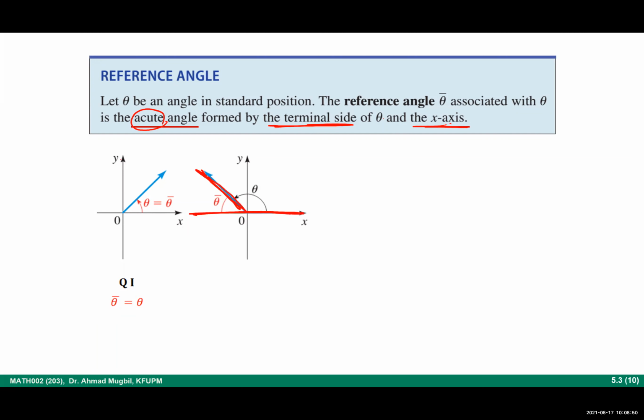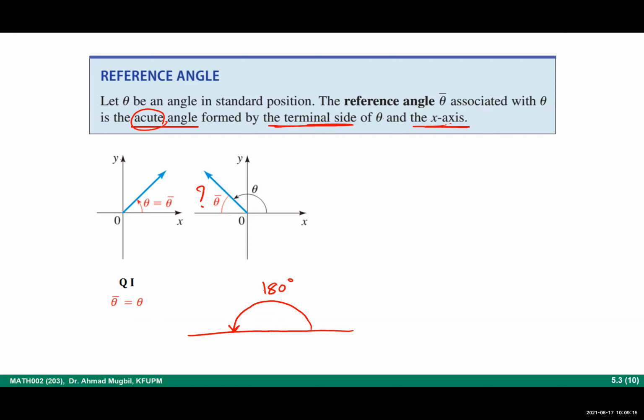Here it is. Not this one, because this is between the y-axis, not the x-axis. Now, the question is, how do we find it? How do we evaluate it? By subtracting from theta. Okay, Shabab, what is this?